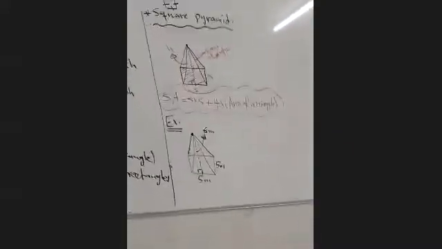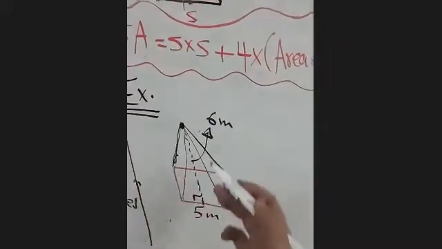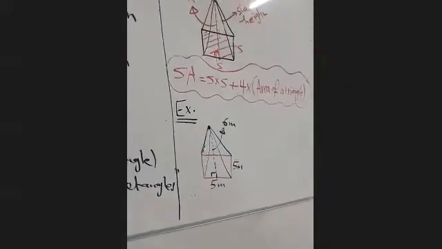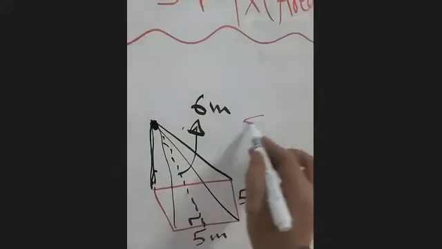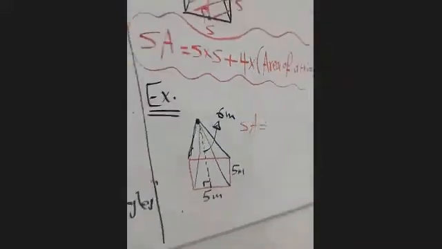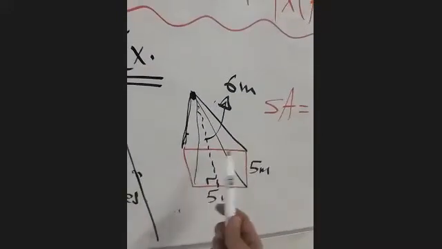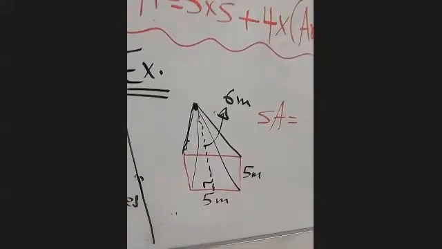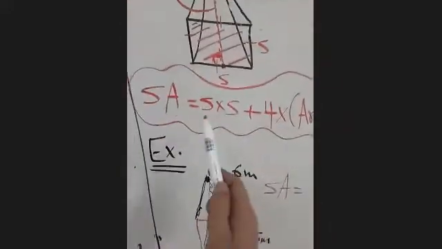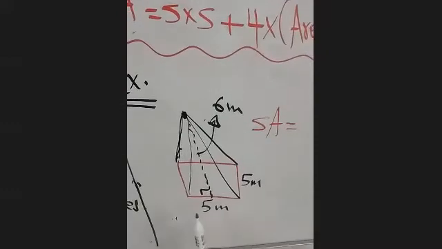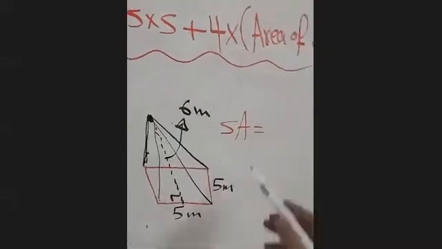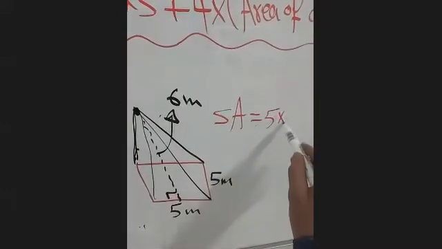Now, how do we find the surface area of this square pyramid? Surface area equals, please focus, guys. First, we find the area of the square down. The area of the square is S by S, the side length multiplied by the side length, means 5 multiply 5.